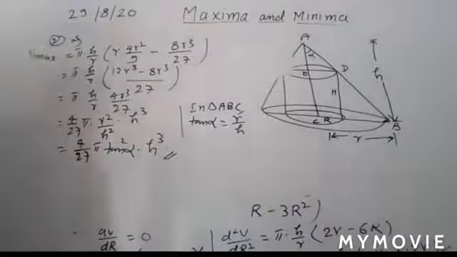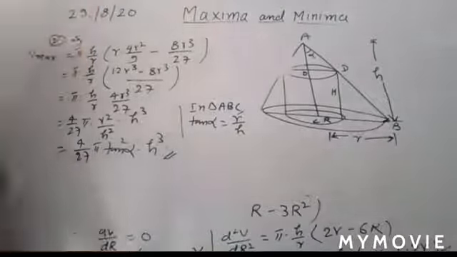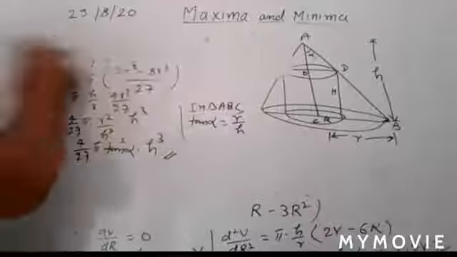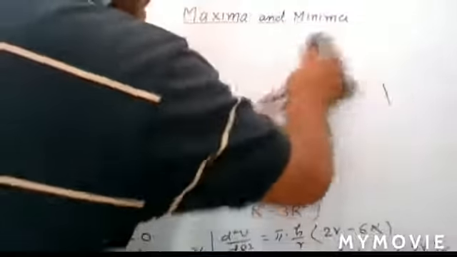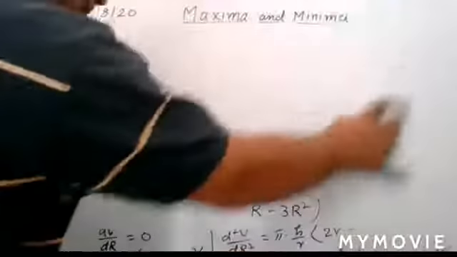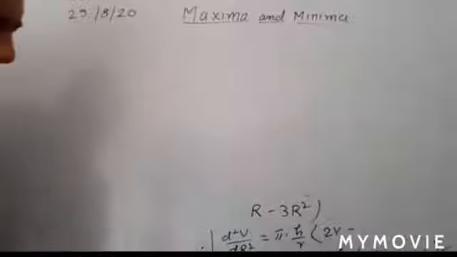This is your question. Means if the length of three sides of the trapezium other than the base is 10 centimeter, find the area of the trapezium when it is maximum.